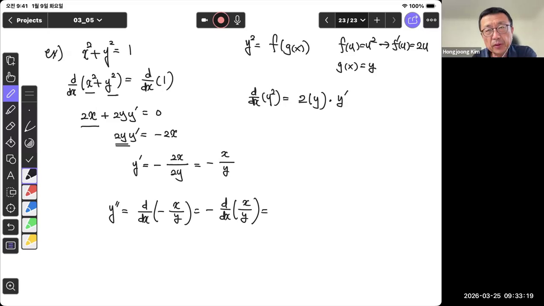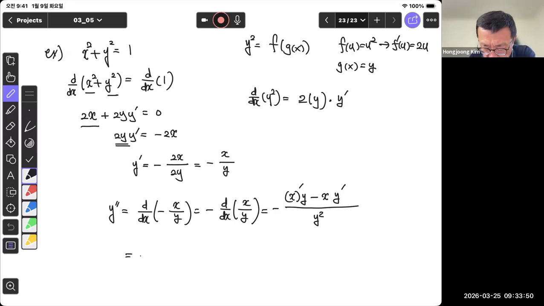So please remember that this y is a function of x. For the derivative of this x over y, you need to consider the quotient rule. So you first differentiate the numerator multiplied by the denominator, minus the numerator times the derivative of the denominator, divided by the denominator squared.